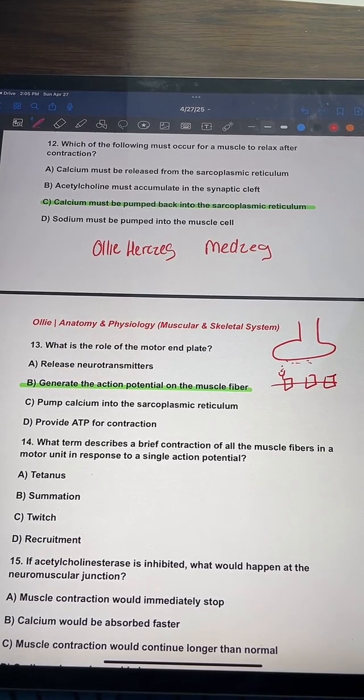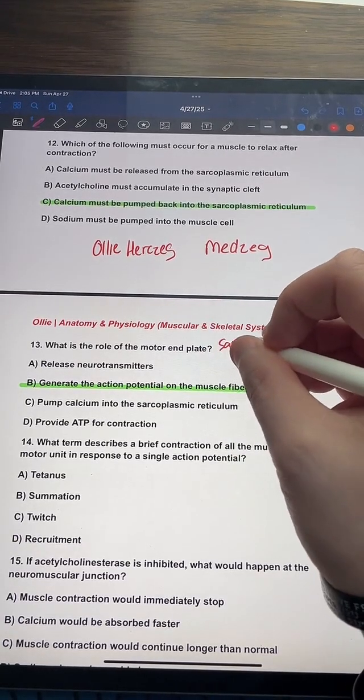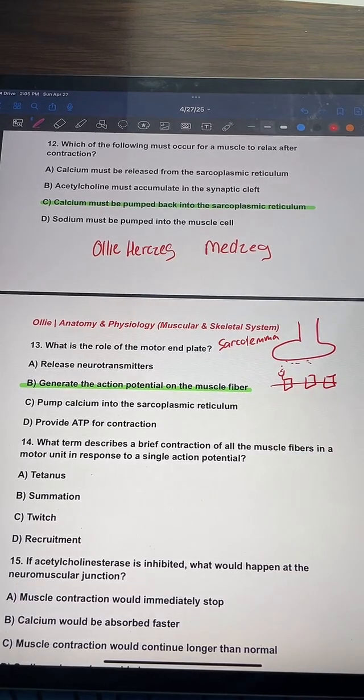The motor end plate is more so a part of the muscle fiber's membrane, so it would be part of the sarcolemma. The Z line is part of the sarcomere. The Z lines indicate the boundaries between adjacent sarcomeres.